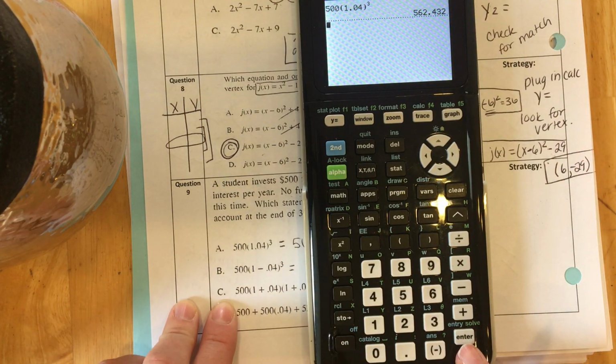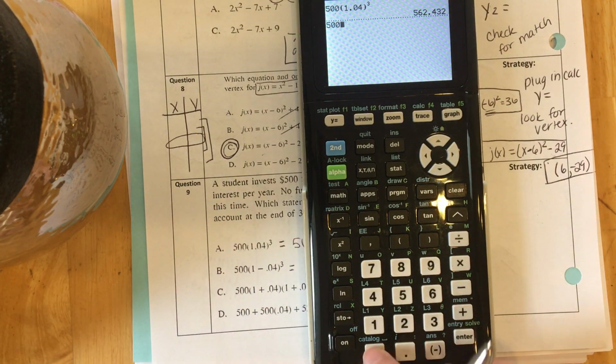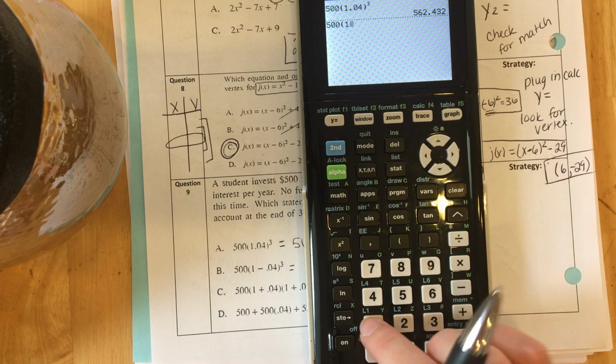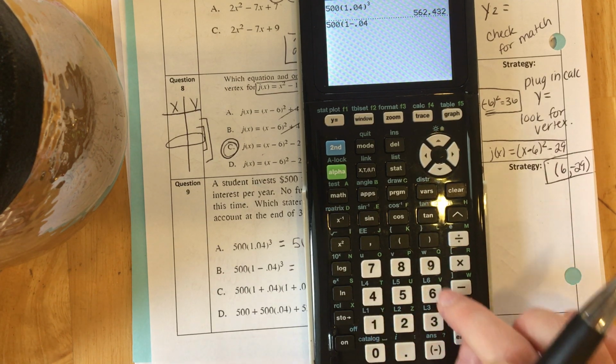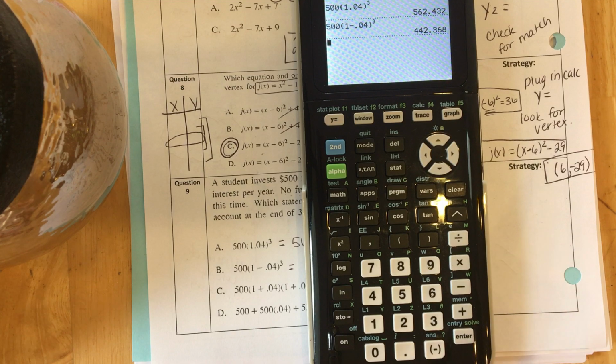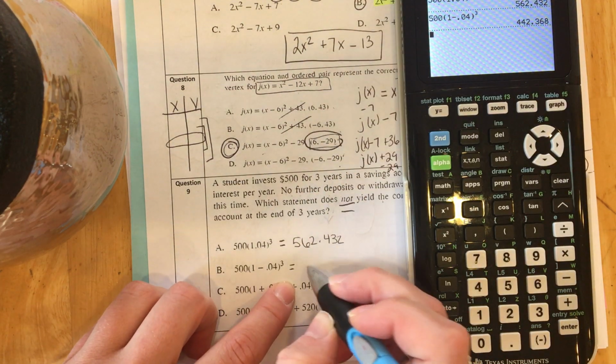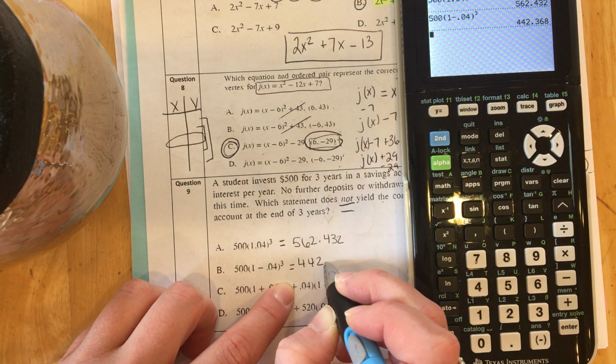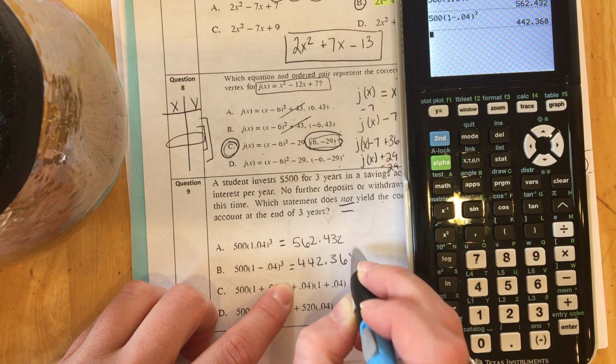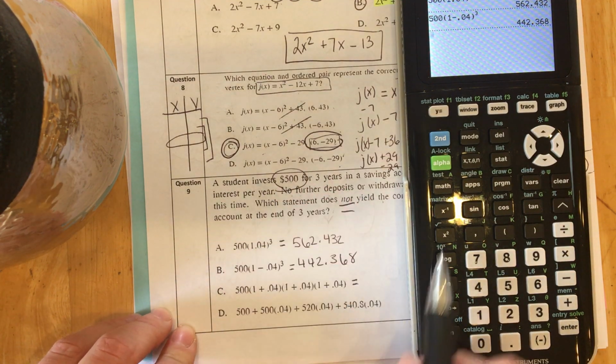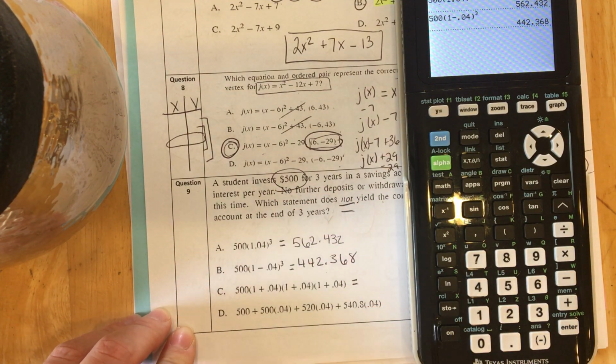I'm going to plug in 500, 1 minus 0.04 to the third power, enter. Okay, that's a different number. Notice that it's also lower than her original 500, so I'm assuming this is the wrong answer.